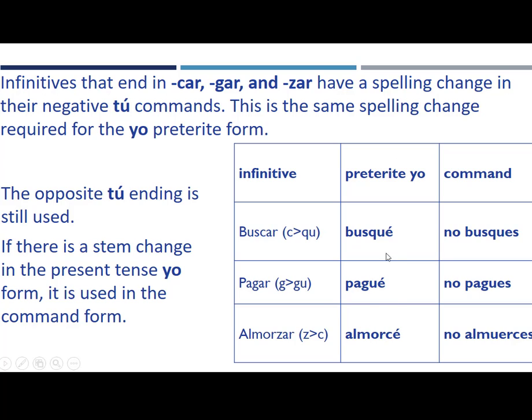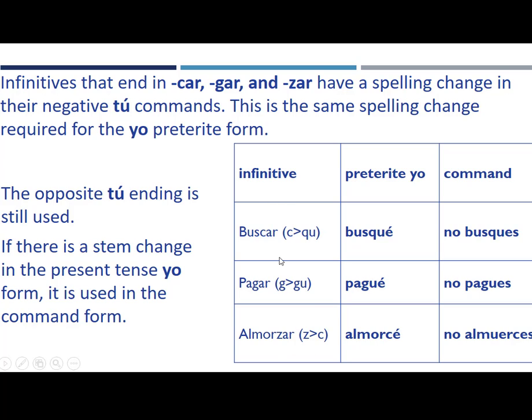Now, these verbs also have this little thing happening when you're using them in a command form, like look for my keys, or pay the bill, you're telling someone to do something. This is a command. Pay the bill, pay the ticket, whatever. Almuerza, go eat lunch, so eat lunch now.